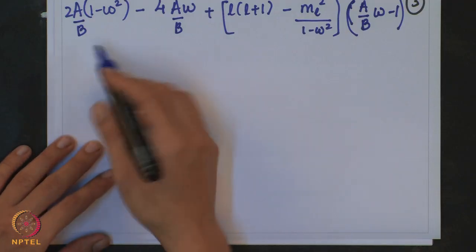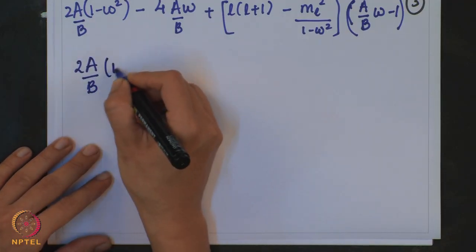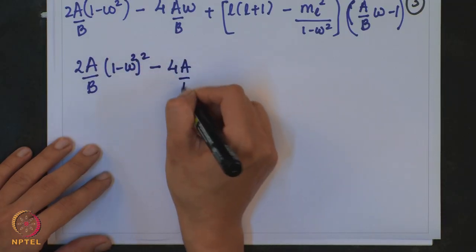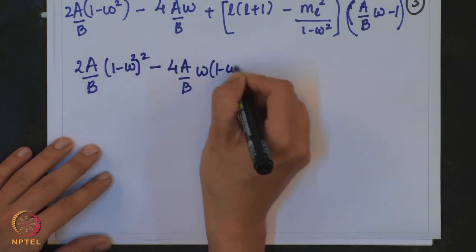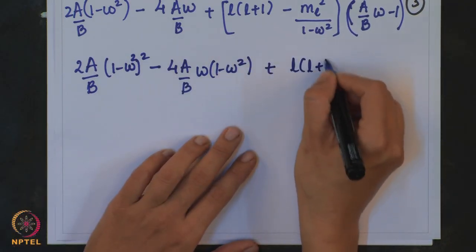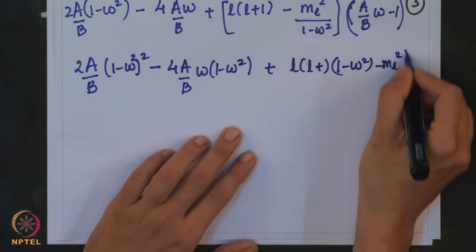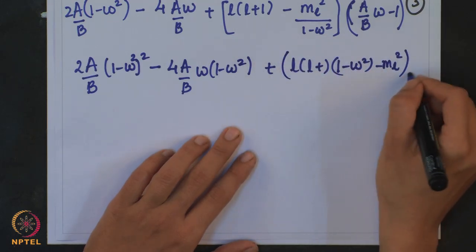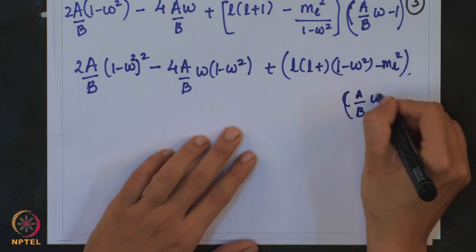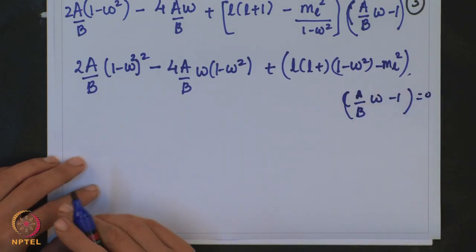In the previous step I had divided, but you do not need to divide here. I have 1 minus omega square minus 4 a by b omega 1 minus omega square. Then here you have L into L plus 1 minus omega square minus ml square, this times here you have a by b omega square minus 1. This entire thing is equal to 0.